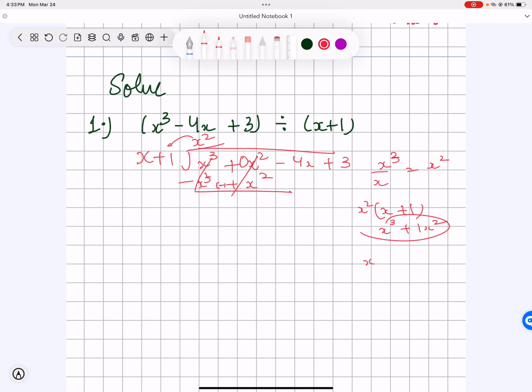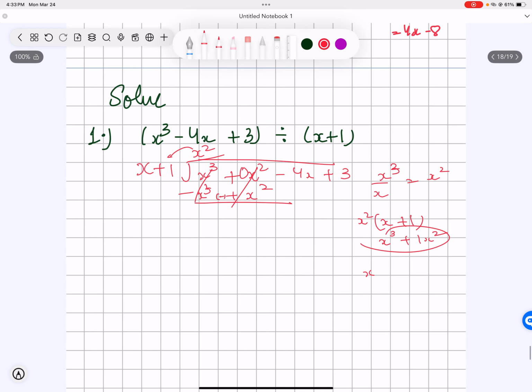I'm gonna multiply x by here. Next I'm gonna be multiplying this by x into 1, and then I get x squared minus 4x.